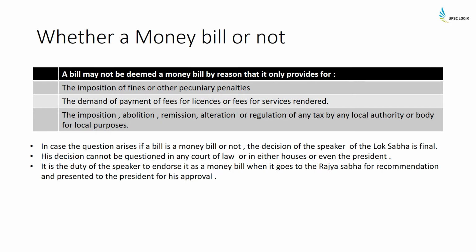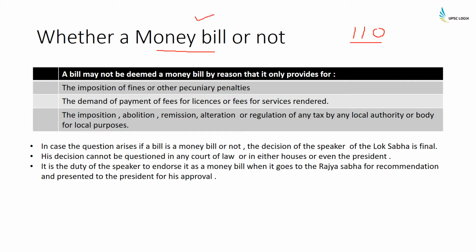Let us understand how it is decided whether a particular bill is a money bill or not. Although Article 110 states clearly what can be considered a money bill and what cannot, there are still other things which decide whether a particular bill could be a money bill.